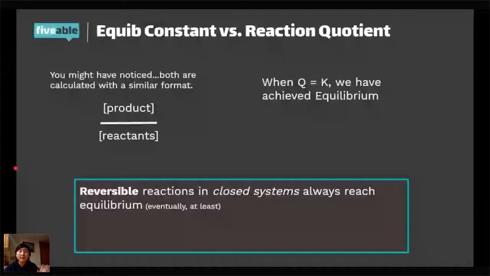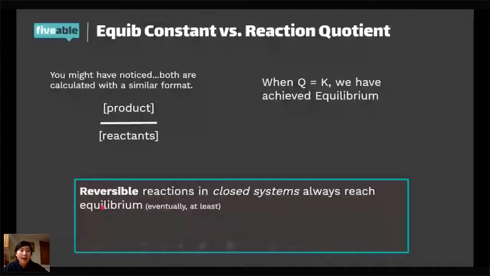And then eventually, if you leave it long enough, it does come to an equilibrium if it's at floor level, right? Or if no one's pulling on it. But before it reaches equilibrium, it's going to lean towards one side and then lean to the other side, bouncing back and forth. That's kind of how equilibrium works, right? They will reach equilibrium eventually.